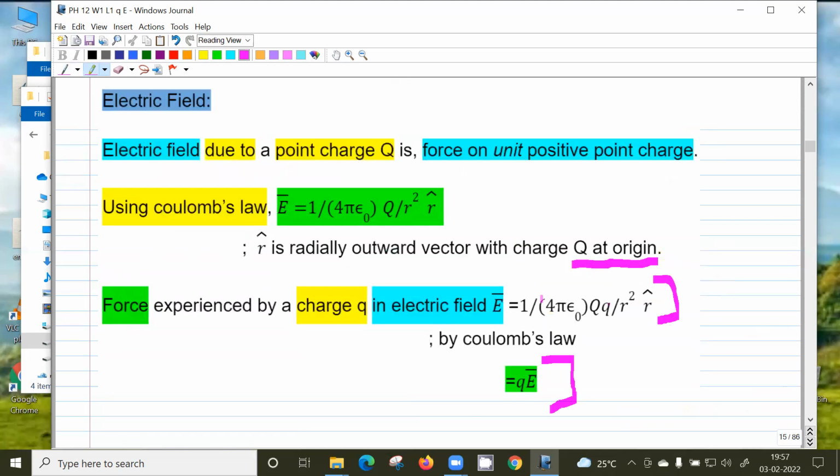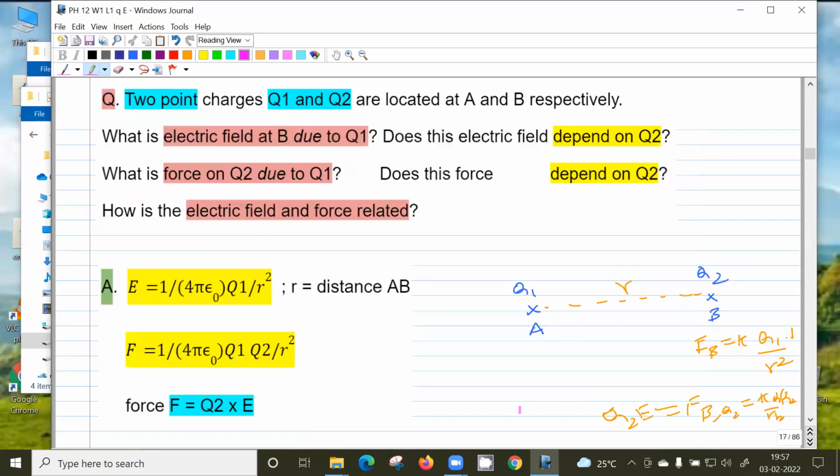So I can get the force either by this or by this, where E is the electric field produced by the other charges on small q. So the electric field produced by Q1 at point B will depend on the source charge only. It will not depend on Q2. But the force on Q2 will depend on both Q1 and Q2.